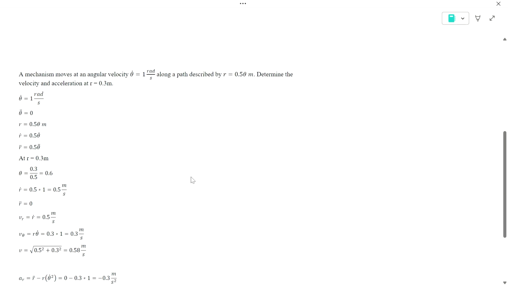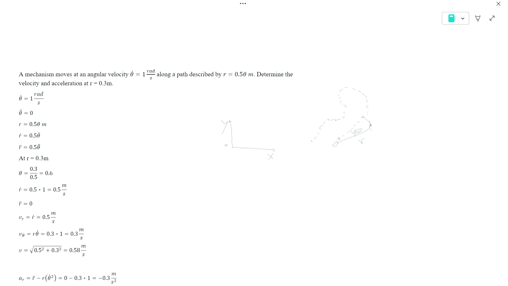The next case is when your path is varying with respect to your coordinate system. If you start from x and y, and you move to a polar coordinate system, you would have an origin, a distance, and an angle with respect to your points. In this case, the angle is going to change with time, and the distance can also change because it's a random movement.